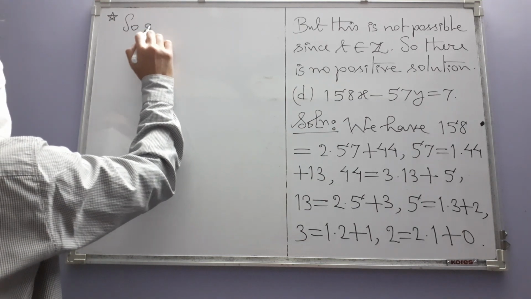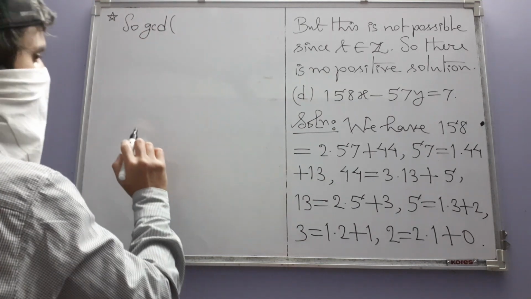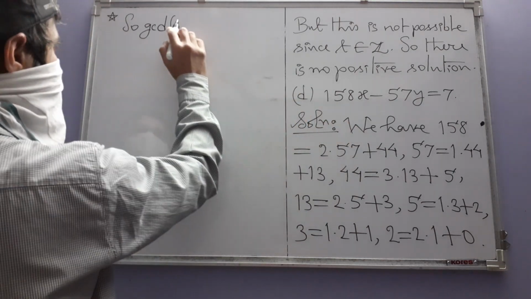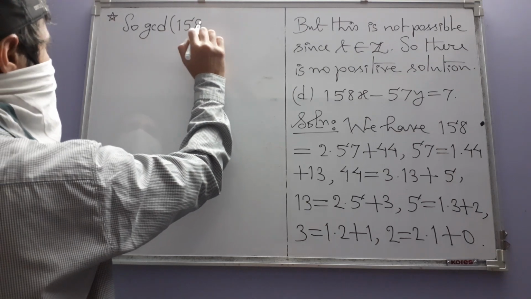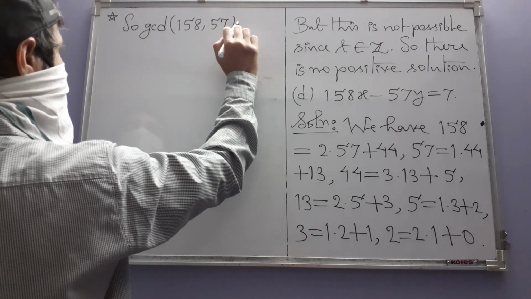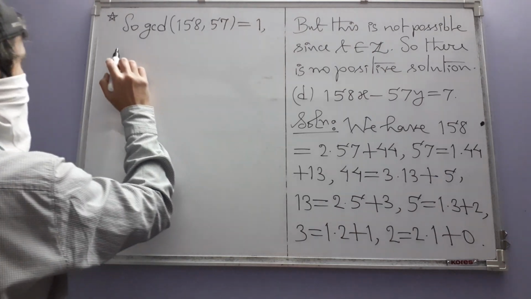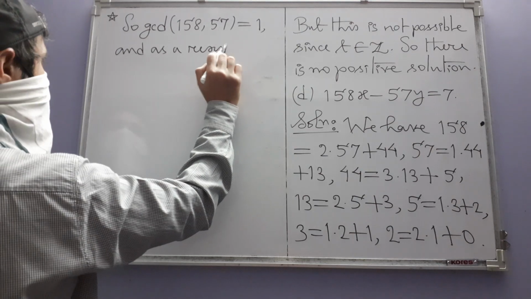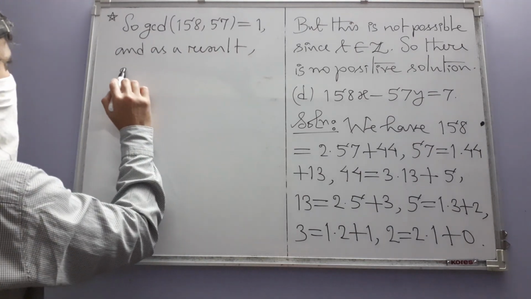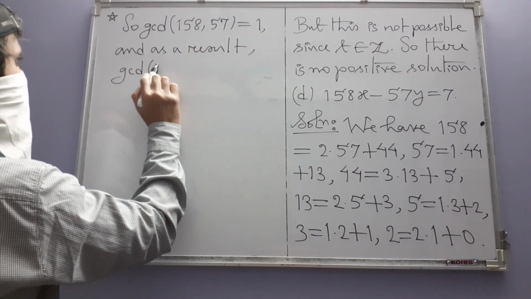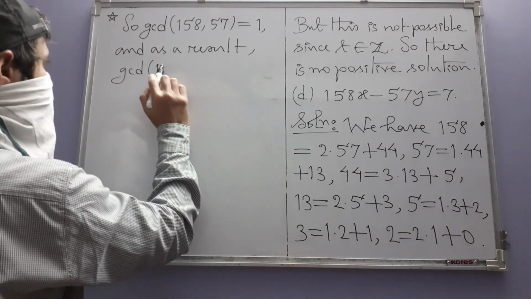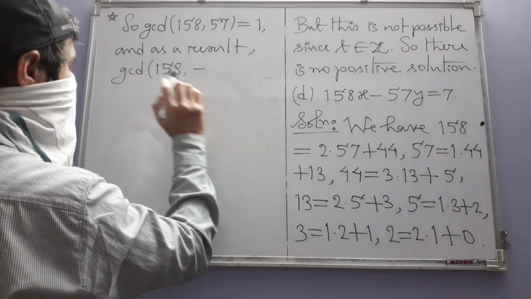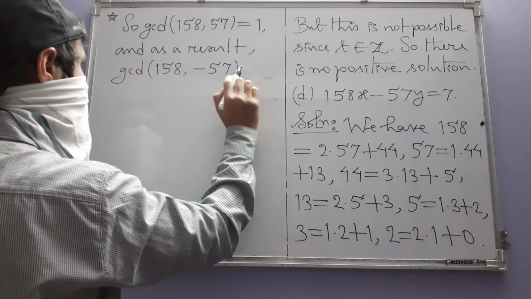So the GCD is 1. GCD of what? GCD of 158 and 57 is 1, and as a result GCD of 158 and minus 57 is also equal to 1.